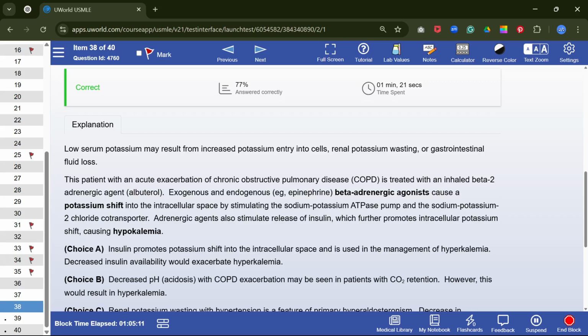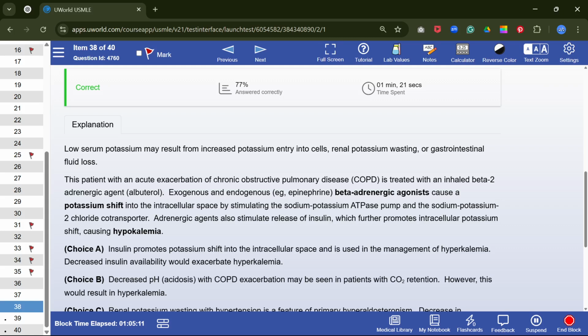Low serum potassium may result from increased potassium entry into the cells, renal potassium wasting, or GI fluid loss. This patient with an acute exacerbation of COPD is treated with an inhaled beta-2 adrenergic agent, albuterol.